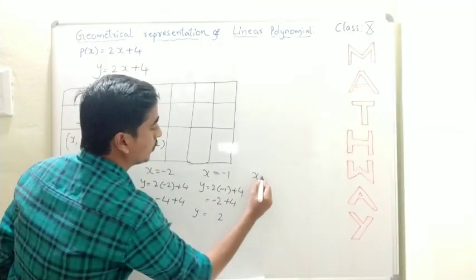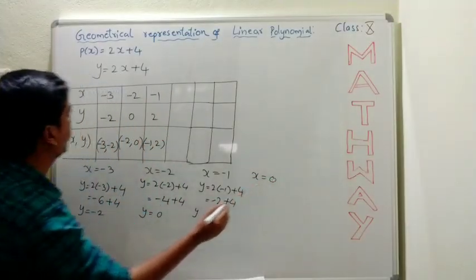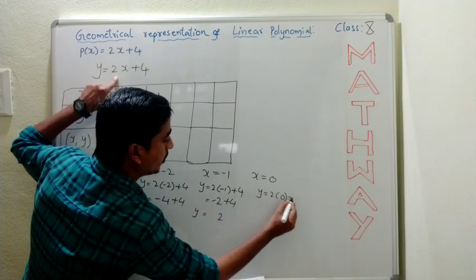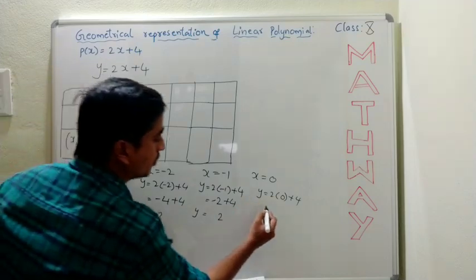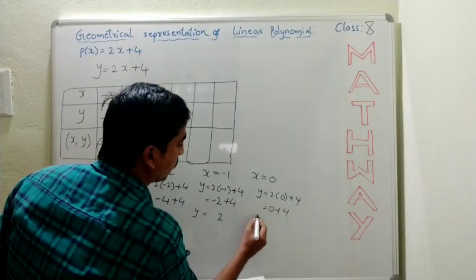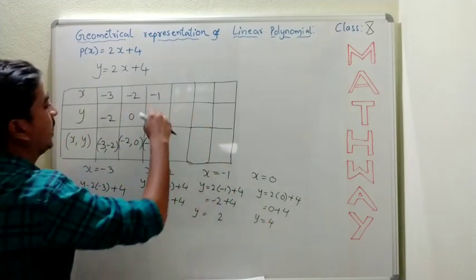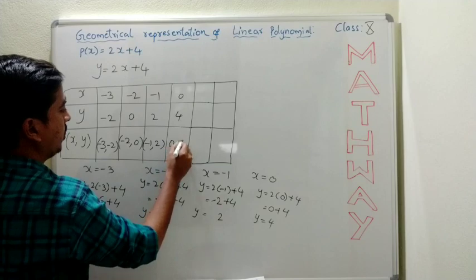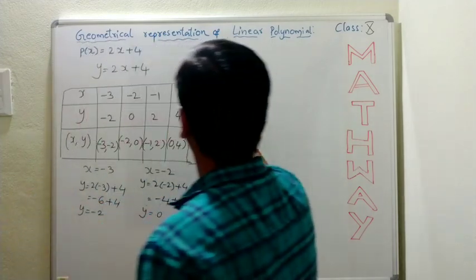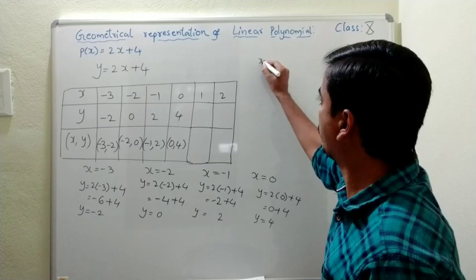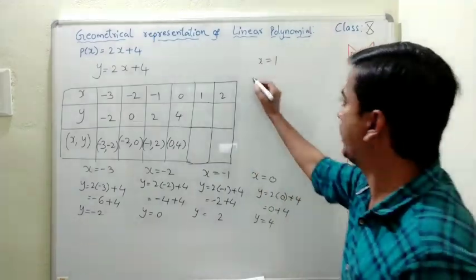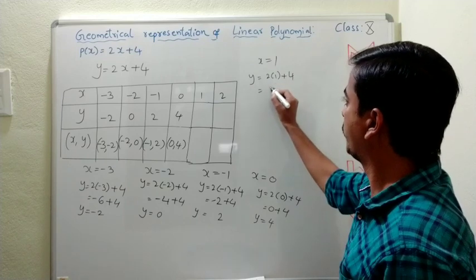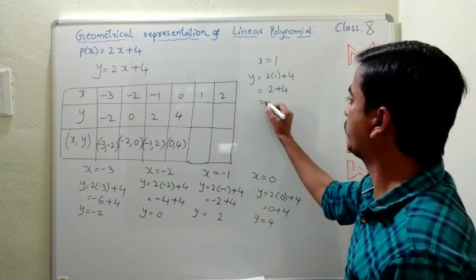Next put x equals 0. Then y equals 2 of 0 plus 4. 2 into 0 is 0, then 0 plus 4 is 4. So when the x coordinate is 0, the y coordinate is 4. The point is 0 comma 4. You can also take x as 1 and 2. When x equals 1, y equals 2 of 1 plus 4. 2 ones are 2, plus 4 is 6.